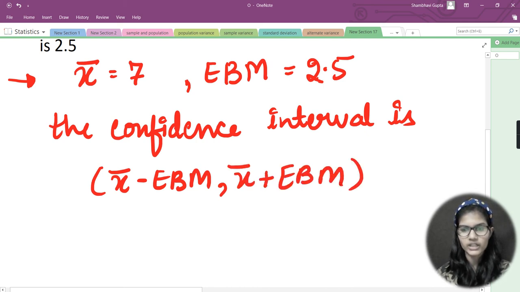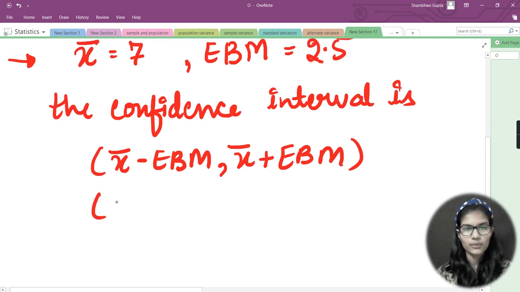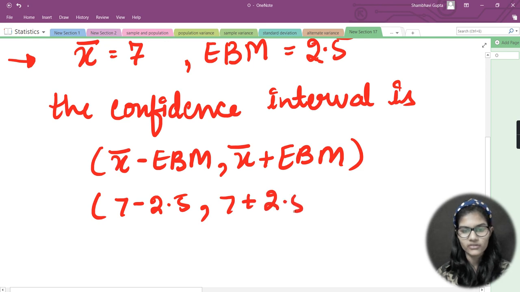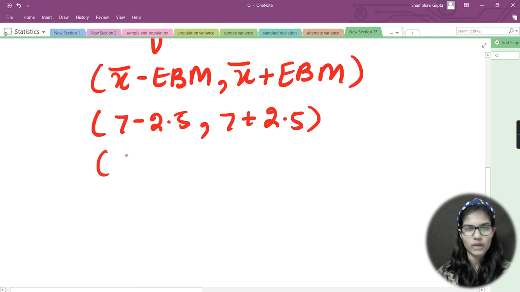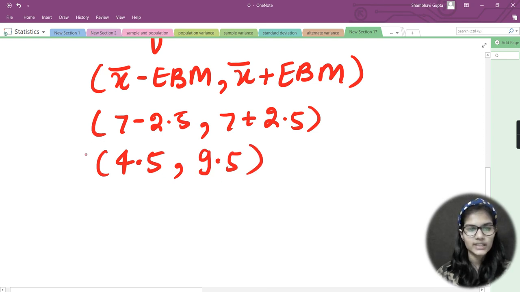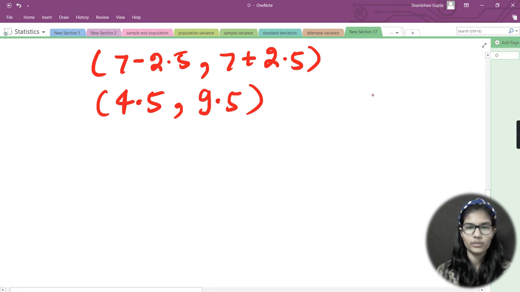So I put the values here: 7 minus 2.5, comma, 7 plus 2.5. After calculation, I get 4.5, comma, 9.5. So the confidence interval is 4.5, comma, 9.5.